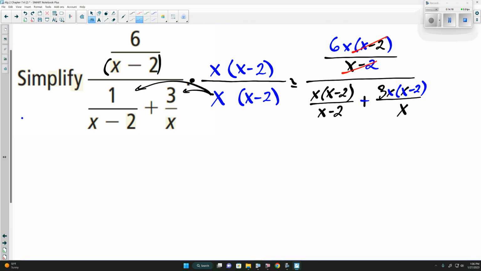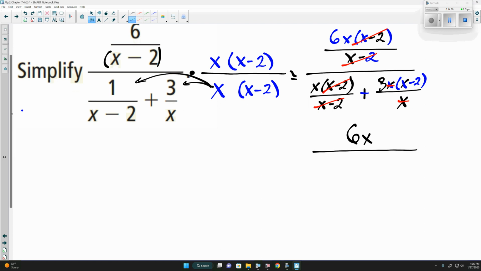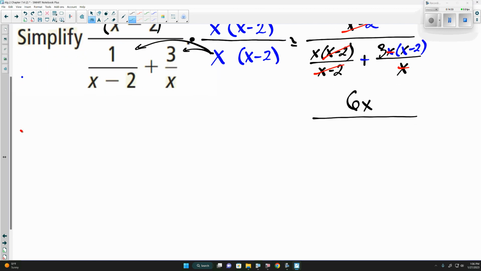2 will cancel. This 2. And then x and. So the numerator, all we're left with is 6x. The denominator we're left with plus 3 times x minus 2.